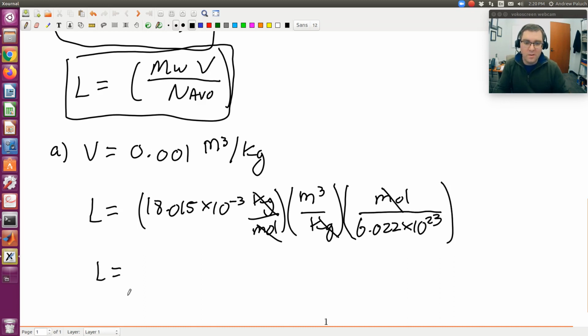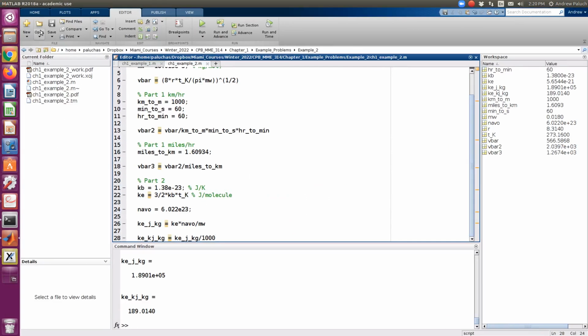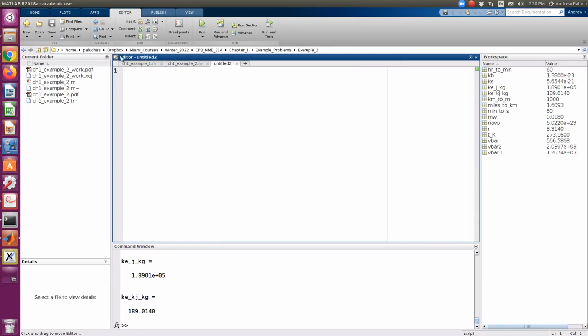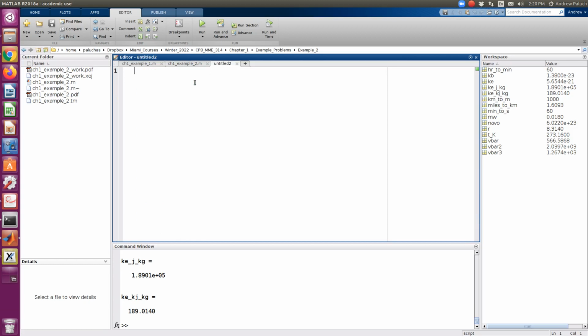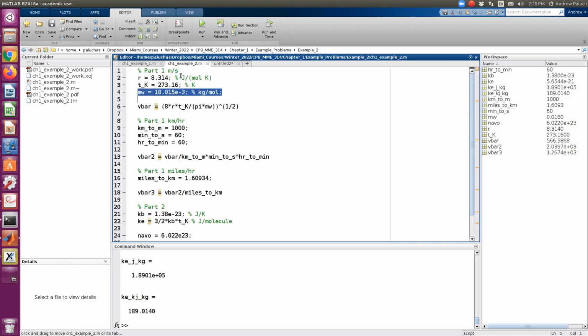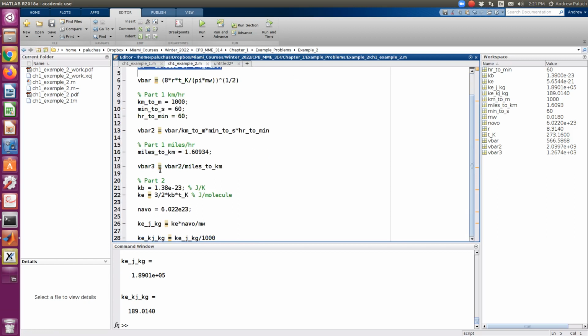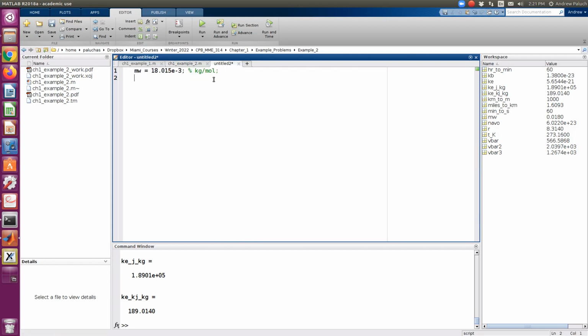So for my distance, let's come back over here. I'm going to create a new script. I want to copy the molecular weight from here, and I'm going to copy N Avogadro from example 2. So this is part 1, liquid.